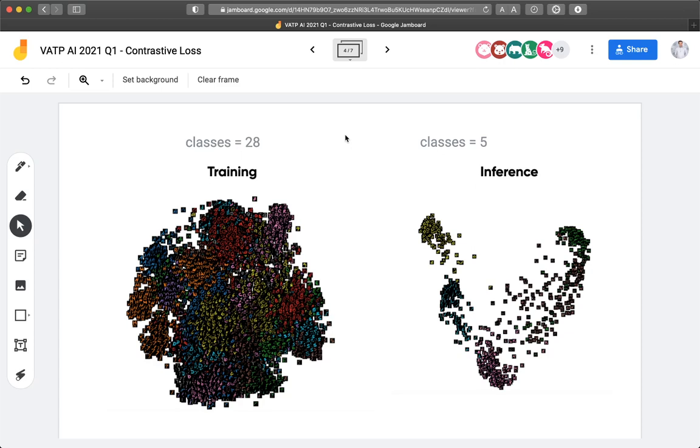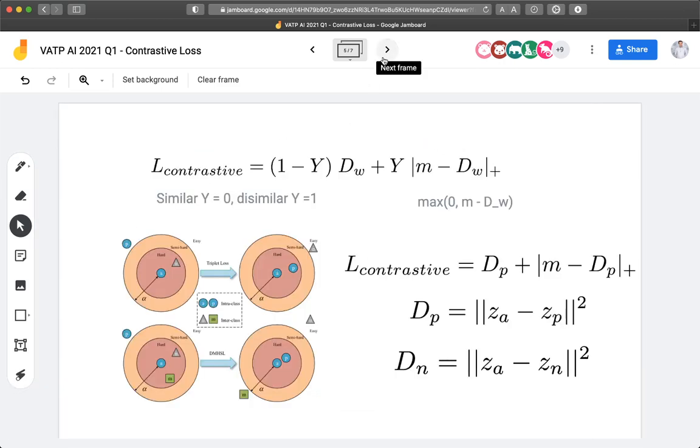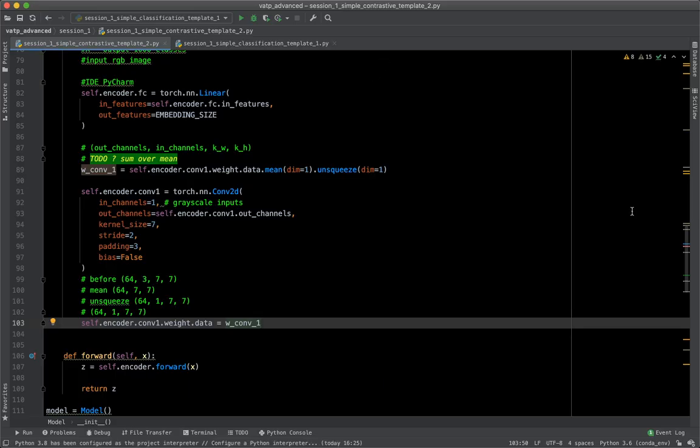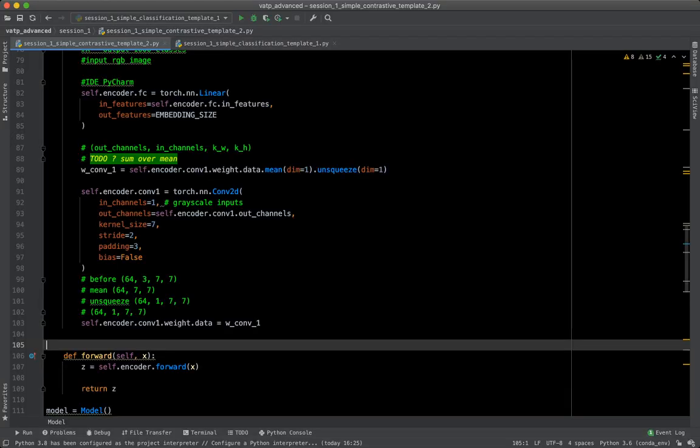Now we have the ability to use different kinds of classes for the actual training than for inference, and we don't even need to transfer learn. We can just use it as it is. So that was a small piece of information regarding that. Hopefully that clears it up a little bit at least, because of course I'm not expecting that you immediately get it, but step by step.